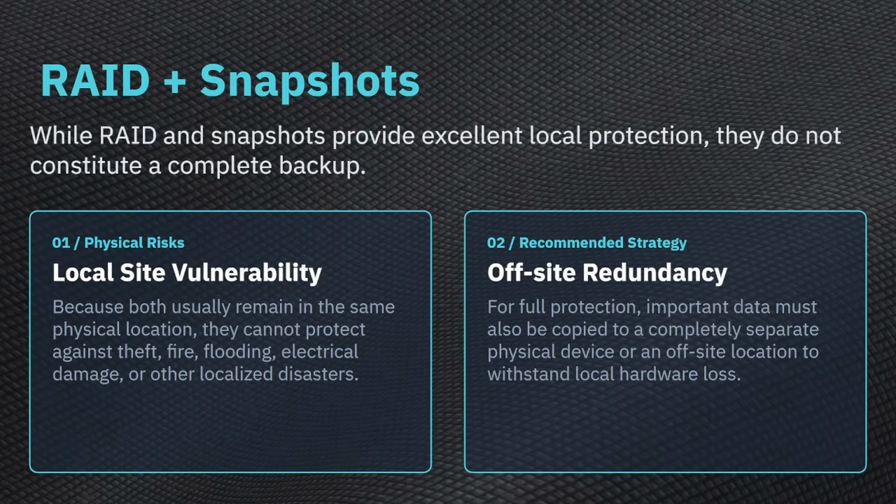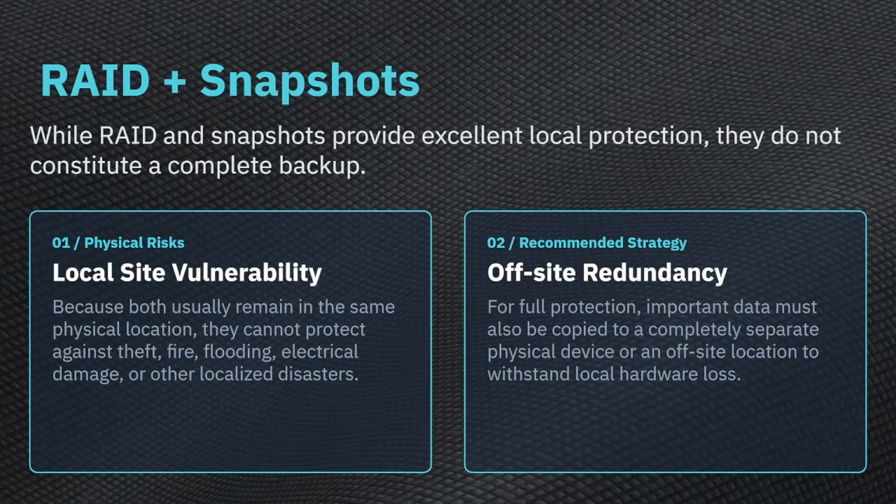But RAID with snapshots does provide excellent local protection, but there is still something it can't help you with, and that is if you get a burst pipe or something like that: fire, flooding, electrical damage, whatever. So if you get a burst water pipe and it starts pouring water over your NAS unit or over your PC, then no matter how many disks you've got in there, no matter how many snapshots you've got in there, if that device gets physically damaged, water damaged, that's it, you've lost all your data.